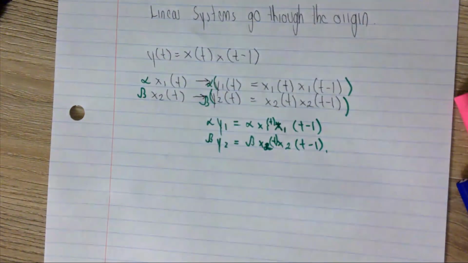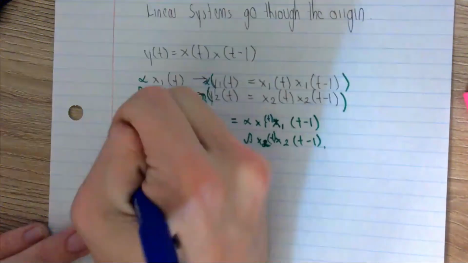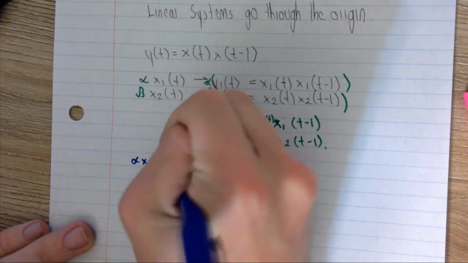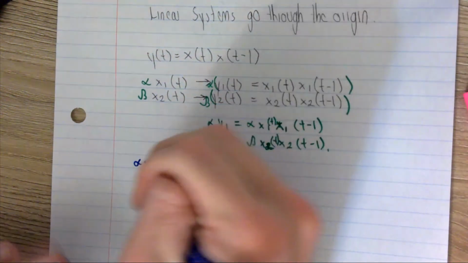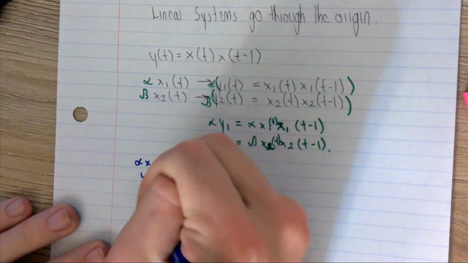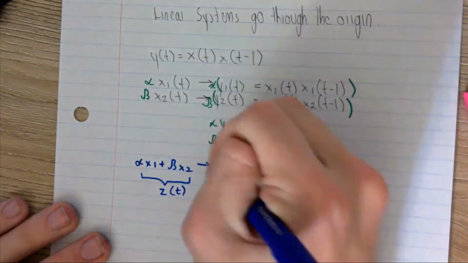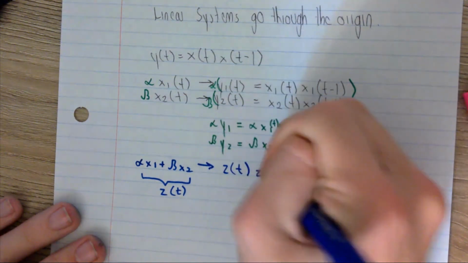And so now we have additivity, which you add the two signals here together. On the left hand side, you get alpha x1 plus beta x2, and that's going to produce here what you have as a result. We're going to substitute in for it z of t. And so what we're going to see as a result at the output is z of t times z of t minus 1.